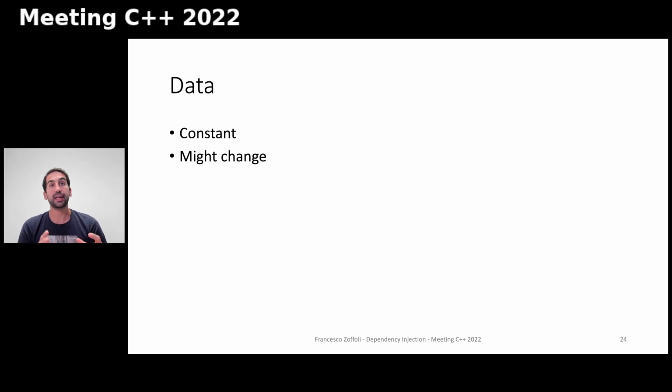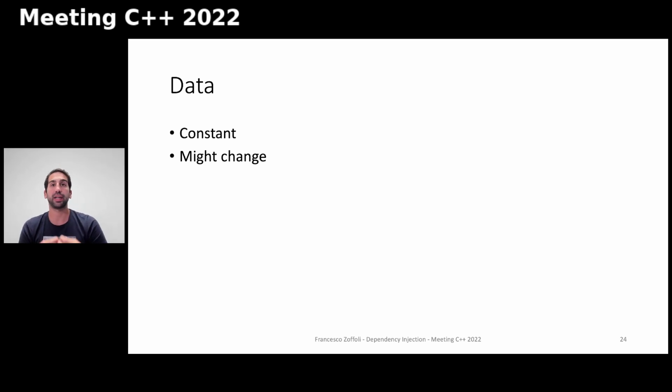So data is mostly of two natures. One is constant, and one is data which might change over time. And see again that these are constraints. One is a constraint which is imposed on the interface. So the data that might change forces the interface to write code which is able to handle data which changes.